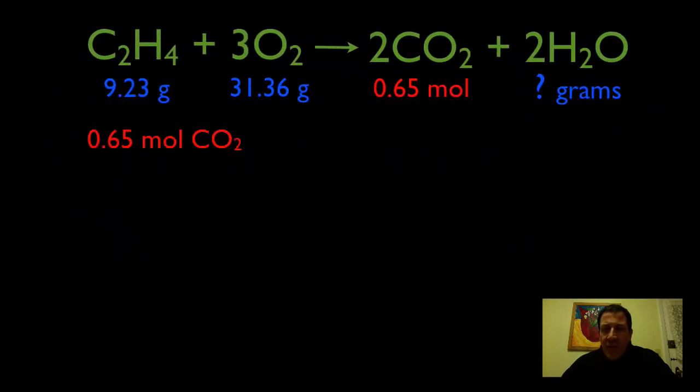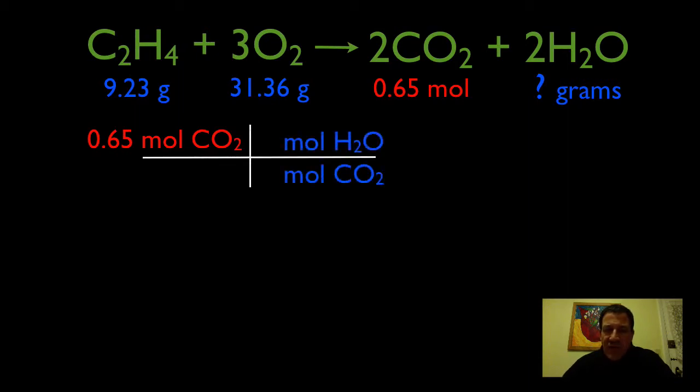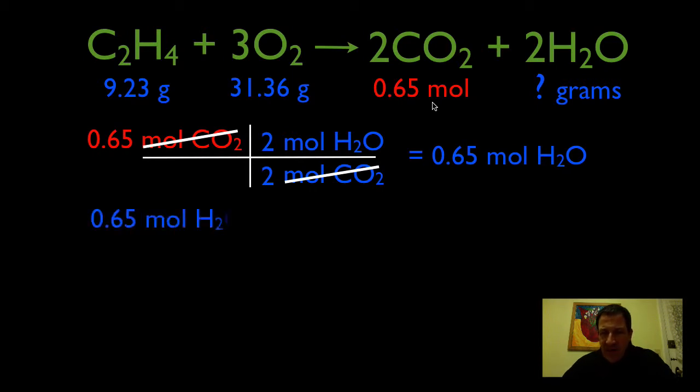We're going to start with our moles of CO2 we were given. Use our molar ratio to switch that into moles of H2O. It's a 2 to 2 ratio, or 1 to 1. So you can see the number of moles, 0.65 times 2 and then divided by 2, you get the same number of moles over here.